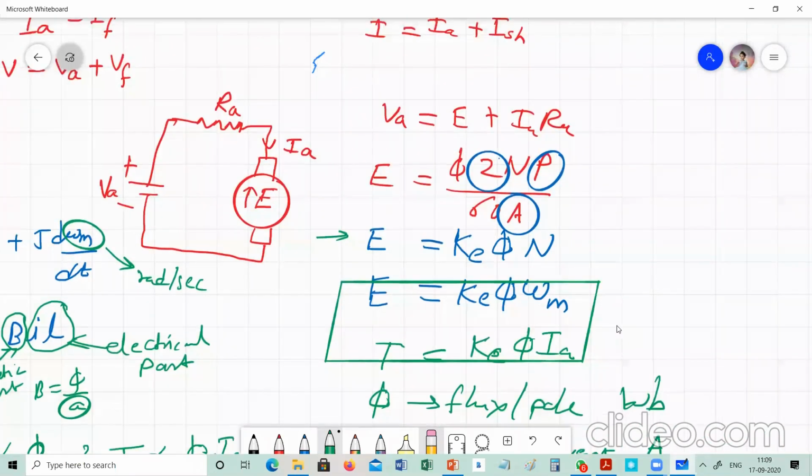So while solving problems on DC motors, you have to remember this equation VA is equal to E plus Ia RA, and these two equations: E is equal to Ke phi omega m and T is equal to Ke phi Ia.